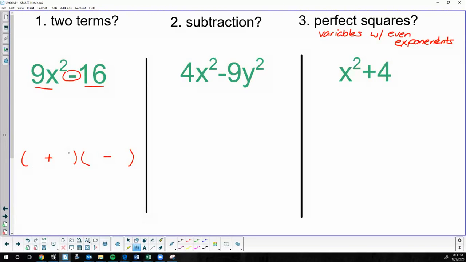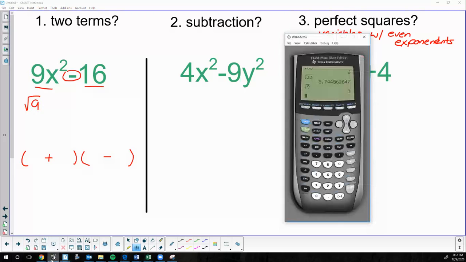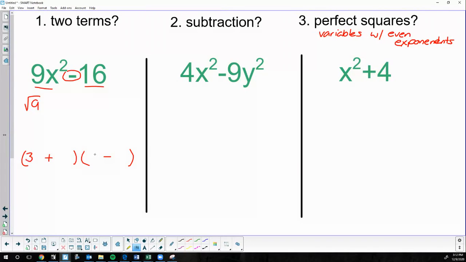Then in order to get the pieces, we take the square root of everything, again, undoing it. We would take the square root of 9, which I already got on the calculator. So the square root of 9 is 3 times 3. The square root of x squared, the square and the square root cancel out, so the square root of x squared is x.